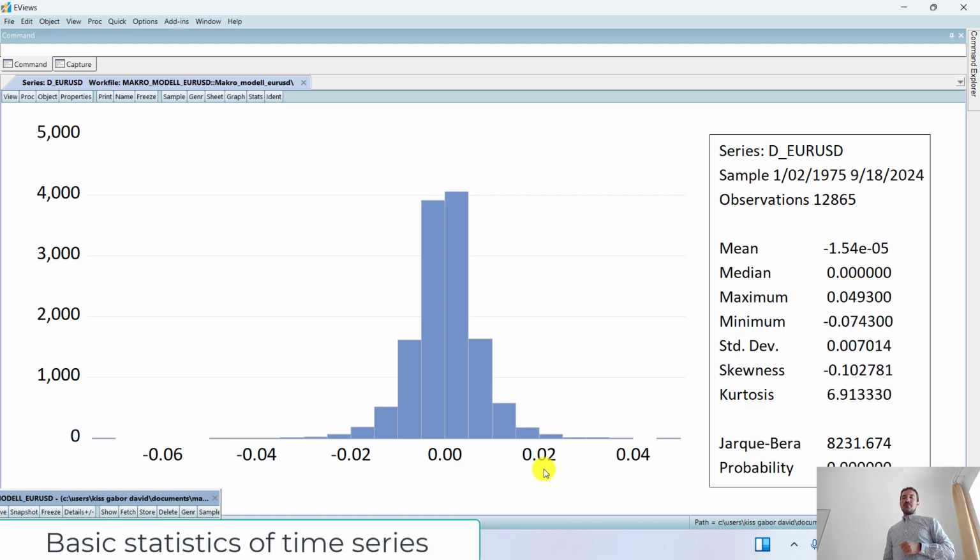Also, kurtosis. So we can see right now the pinnacle of currency pairs, so euro and US dollars. All the rest of the currencies will have bigger kurtosis than this one. This is the sad news.